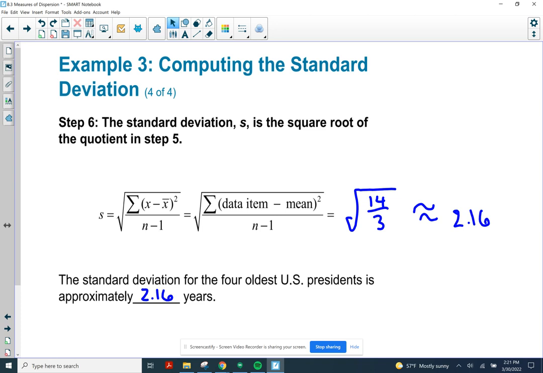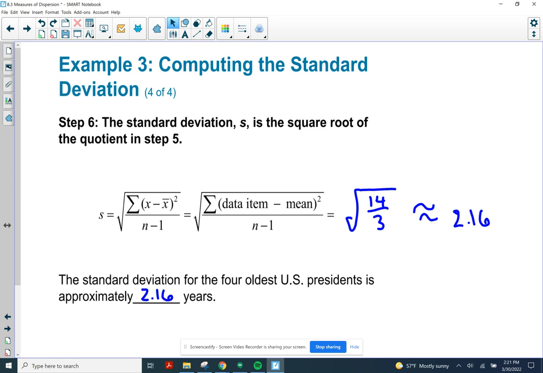Now, what does that mean? So what? Well, what that means is that on average, our U.S. presidents are 2.16 years away from the average. It tells on average how far our data items are from the mean.